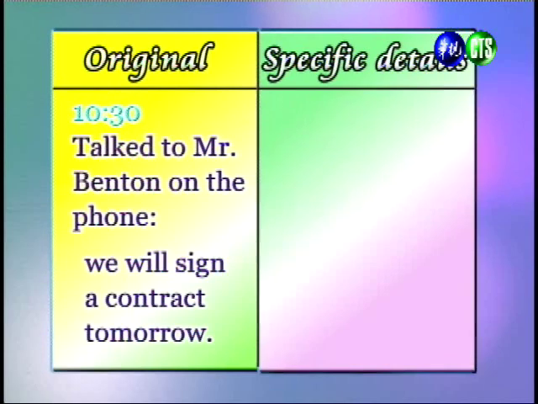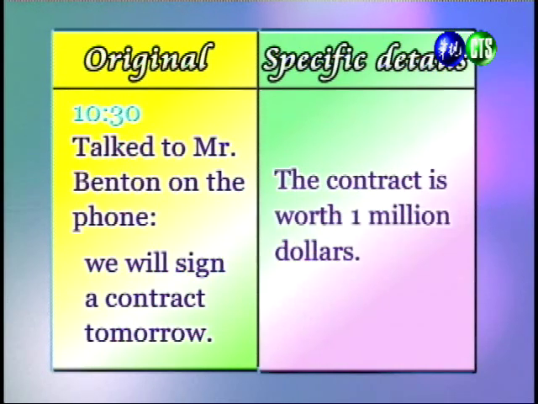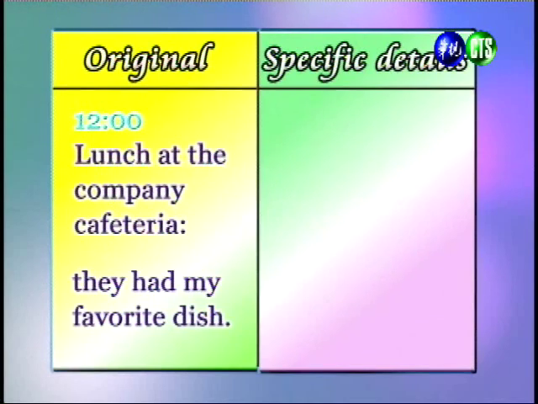If we look at 10:30, this is another good event. Instead of just saying we signed the contract, we can add that the contract is worth $1 million. At 12 o'clock, this is another good event.